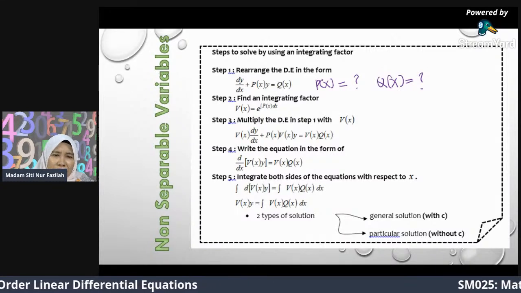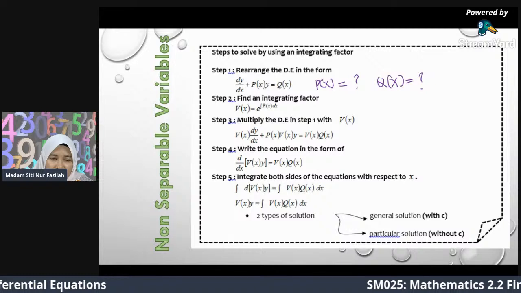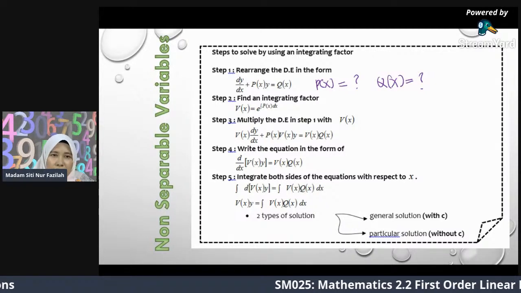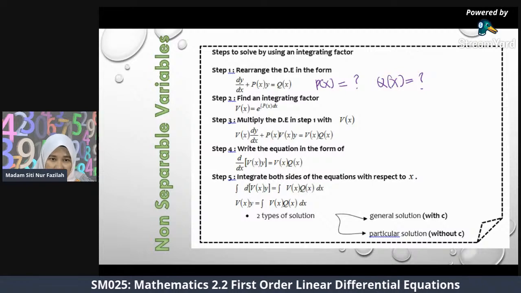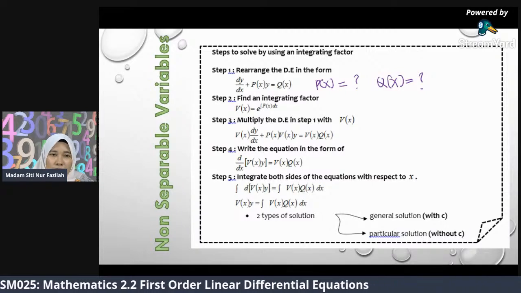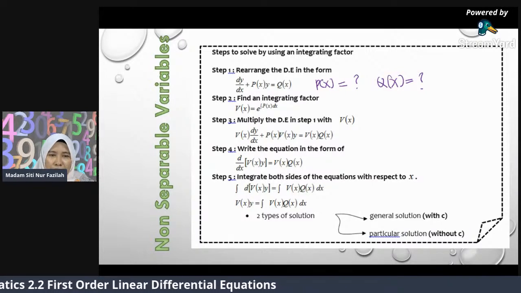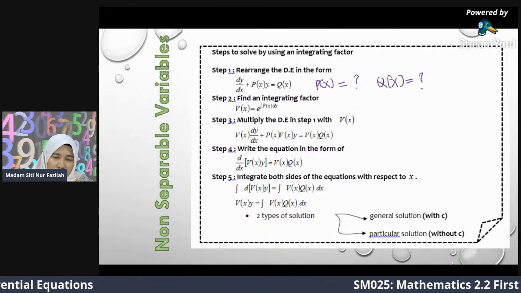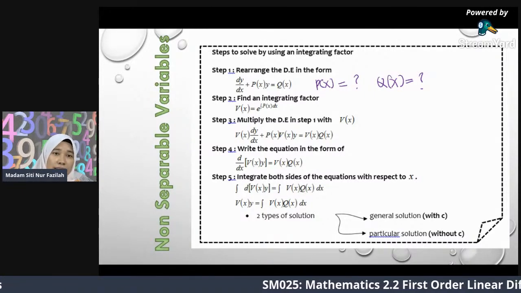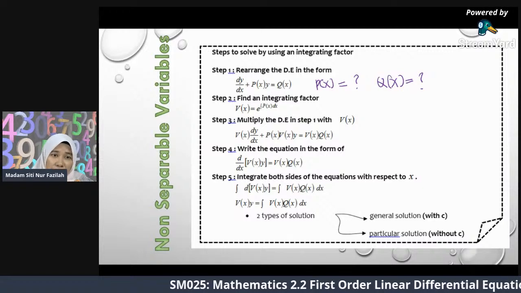Go to step two. We need to find an integrating factor. The integrating factor here is function V(x), equal to exponent of the integration of P(x) dx. To find function V(x), actually we have a formula. What is the formula for function V(x)?